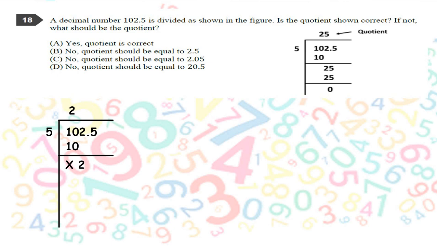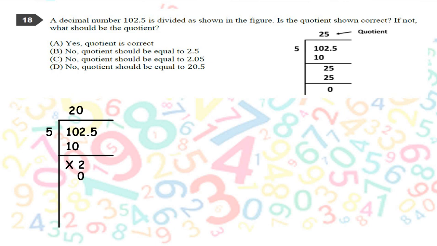Don't ever leave that number as it is. So we know that 2 is smaller than 5. 2 doesn't come in the table of 5. So we will simply write the quotient 0 and we will write 0 here.